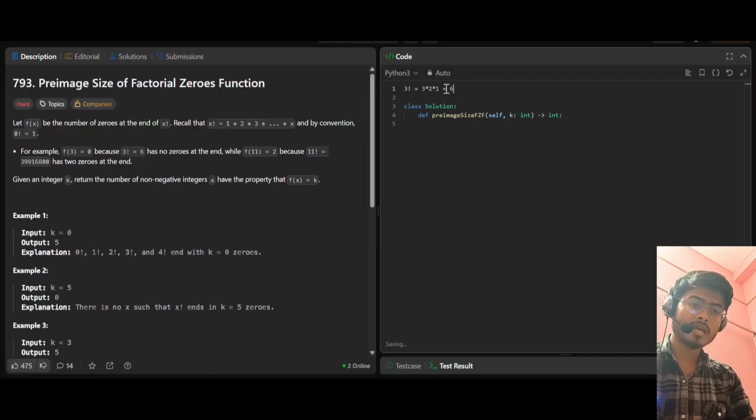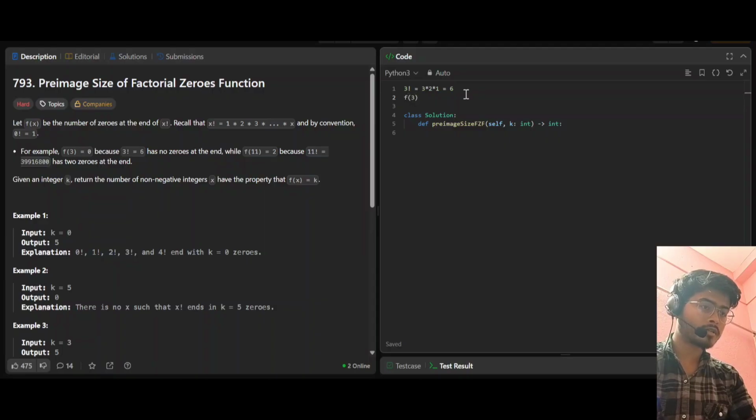Since 6 has no 0 at the end, f of 3 is 0.